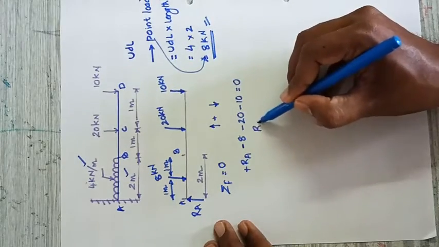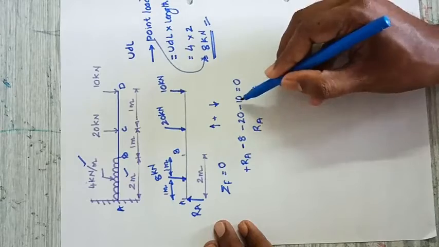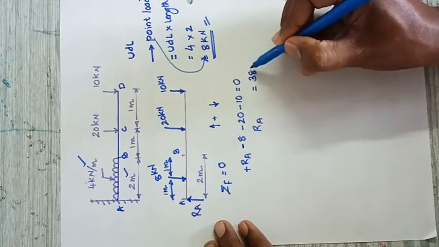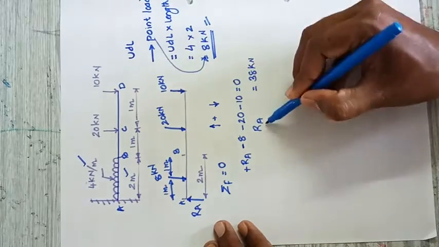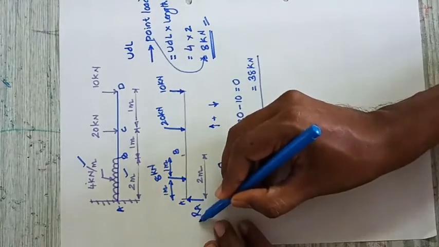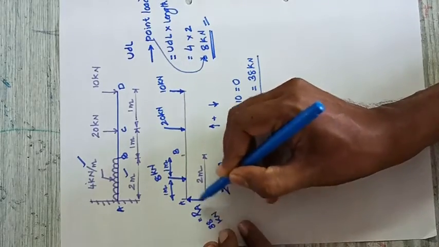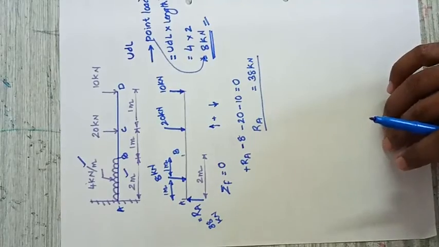Therefore RA is equal to how much? 38 kilonewton. This is the reaction force which is acting at the fixed end of the cantilever beam.